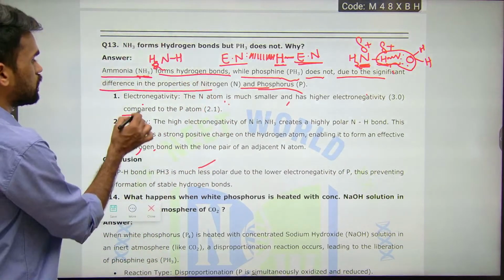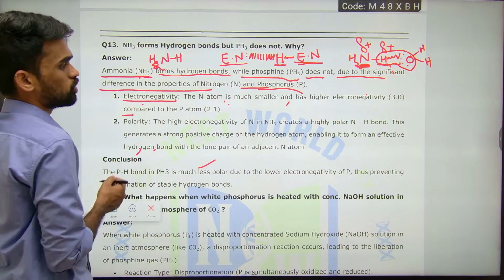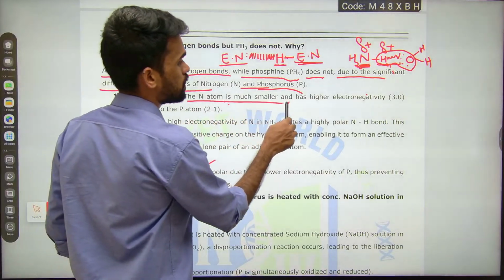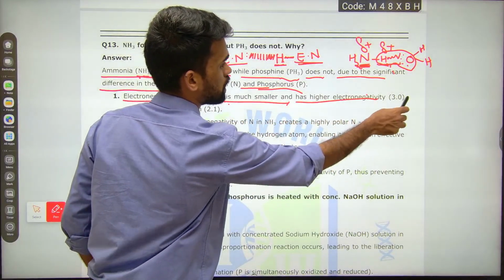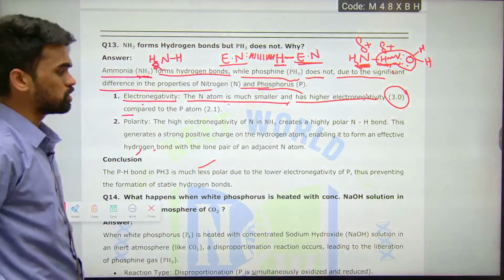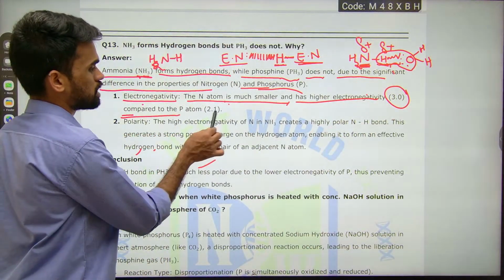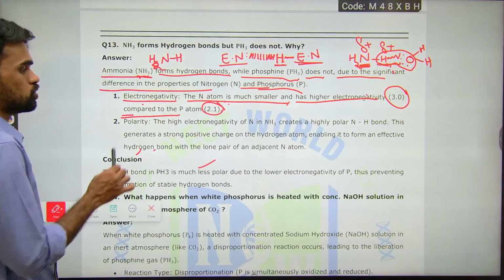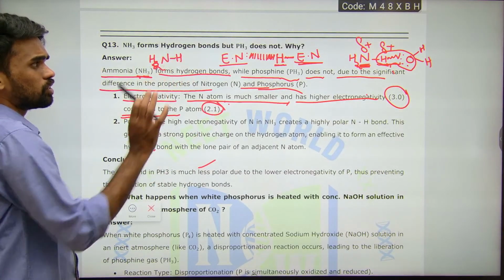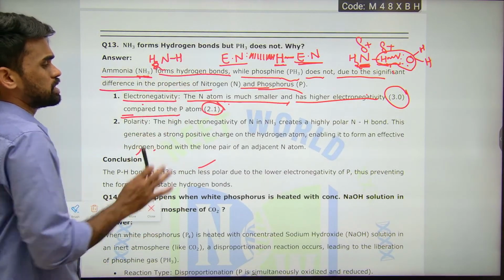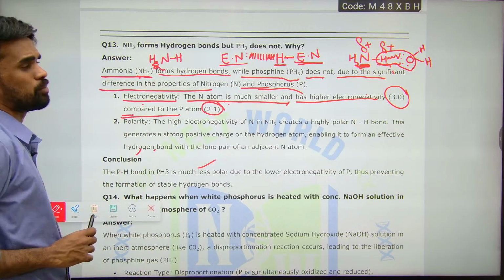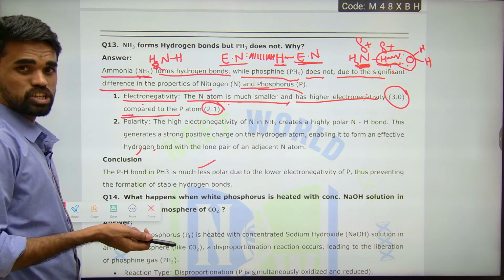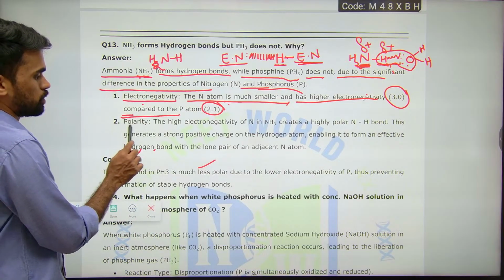So here, the first reason is electronegativity. The nitrogen atom is smaller and has higher electronegativity, almost 3.0, compared to the phosphorus atom, which is only 2.1. Due to this reason, only ammonia forms hydrogen bonds, not phosphine. The next reason is polarity.